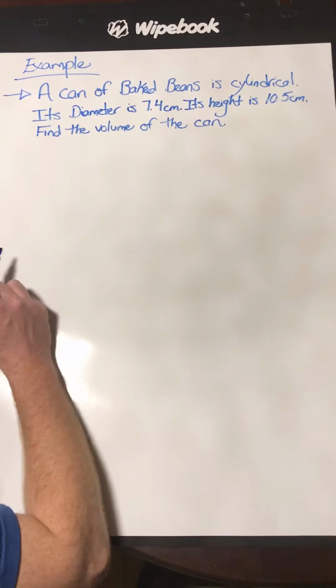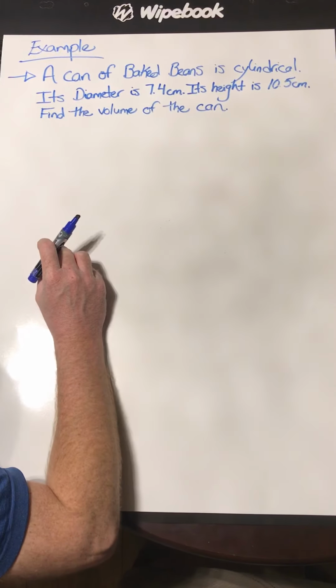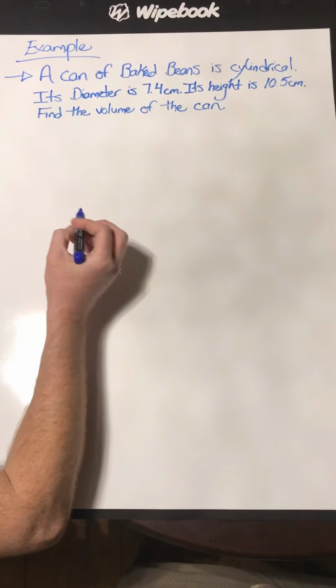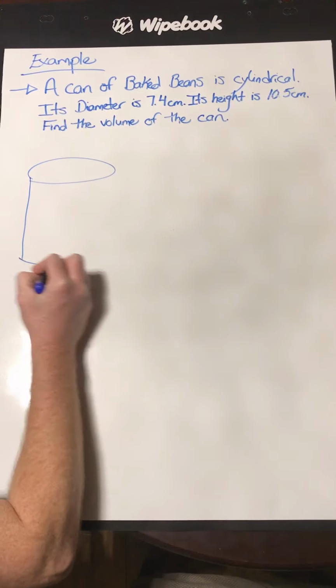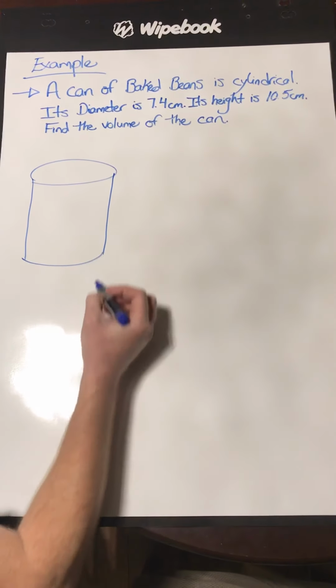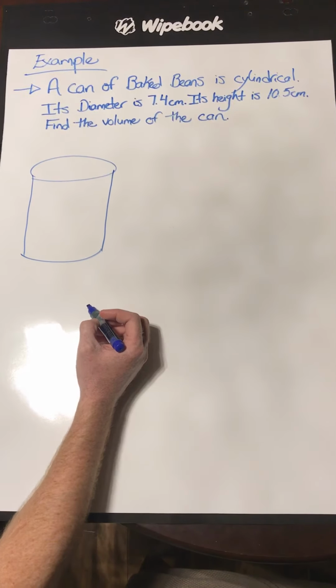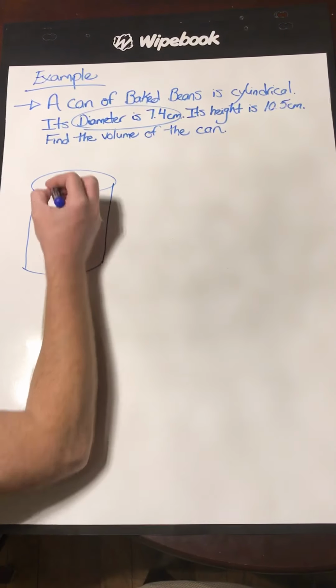And again, I want to remember my thinking and communication chart, and first thing is, what do I know? Well, I know it is a cylindrical object, so I'm going to draw a picture of a cylinder. And the second thing that I'm going to do is I'm going to label this. And so what do I know? Well, I know it has a diameter of 7.4.